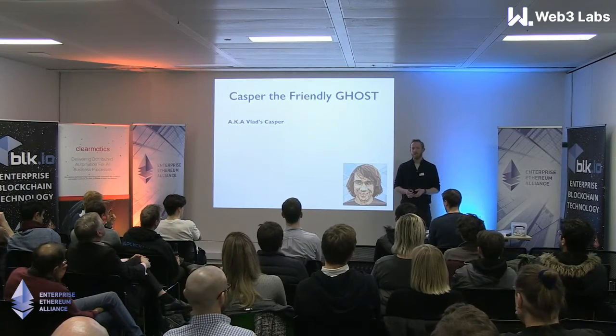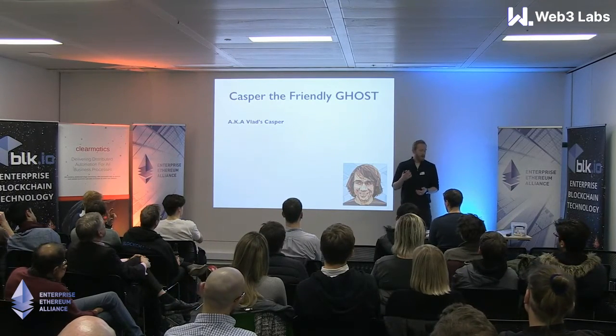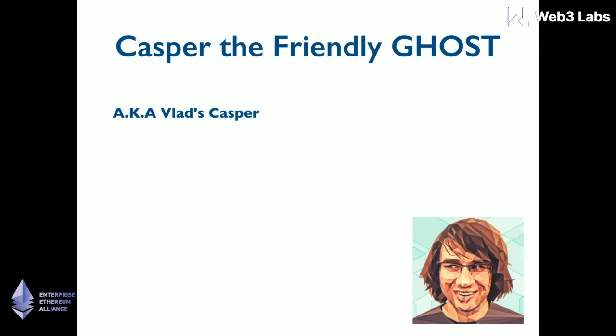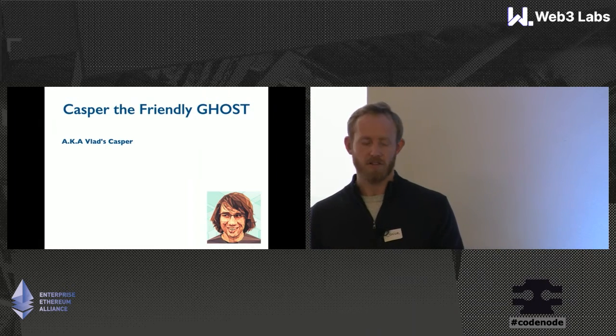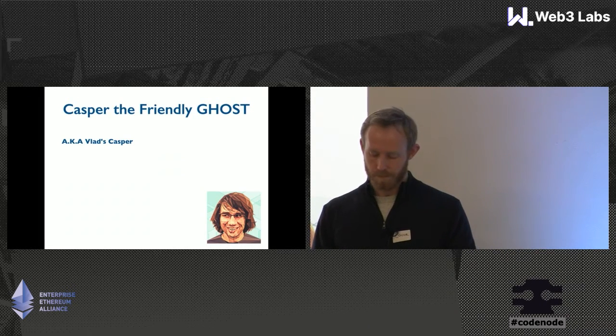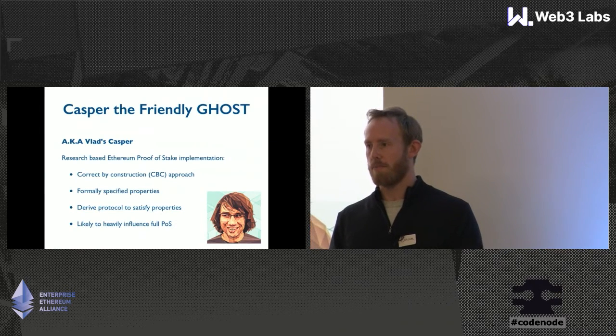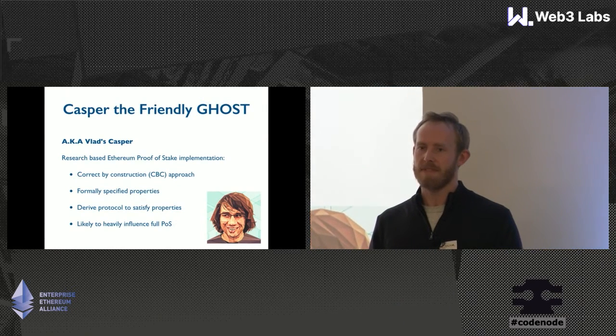The other one you'll hear about is Casper the Friendly Ghost, which is also known as Vlad's Casper, and this is named after Vlad Zamfir, who's one of the lead researchers driving this initiative. This is focused on what's called correct by construction, which is meant to be a rigorous proof of stake implementation.